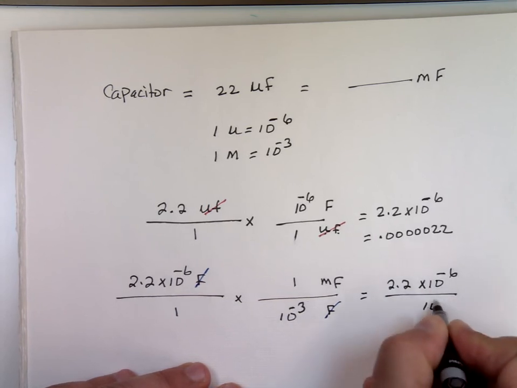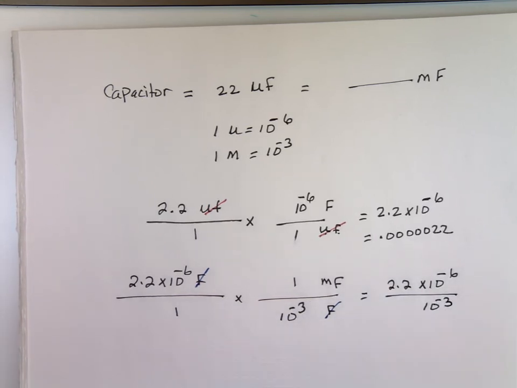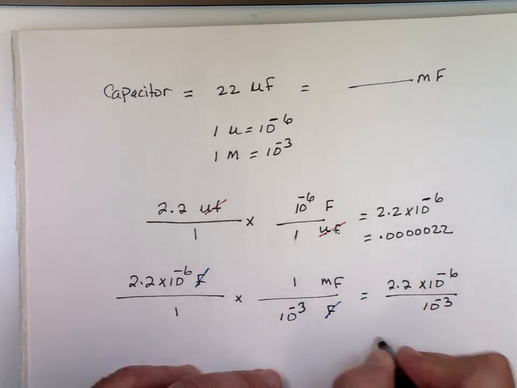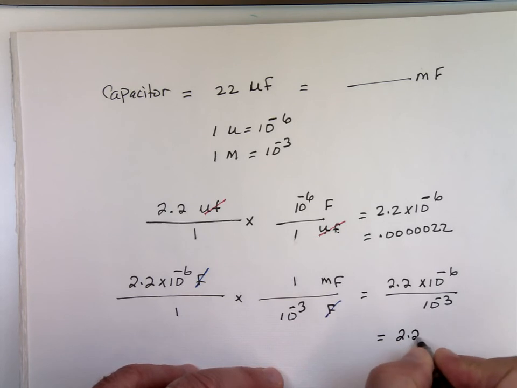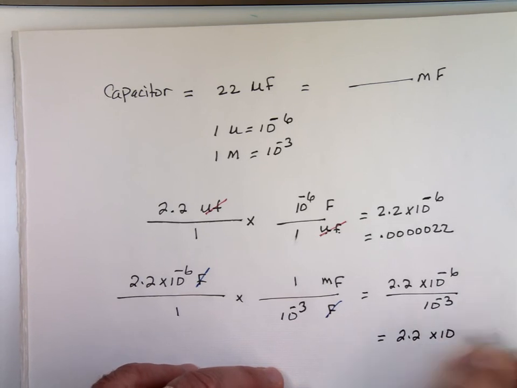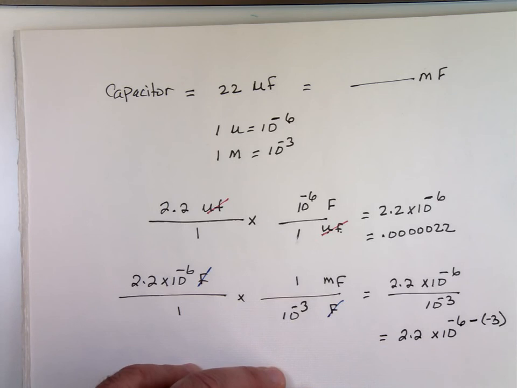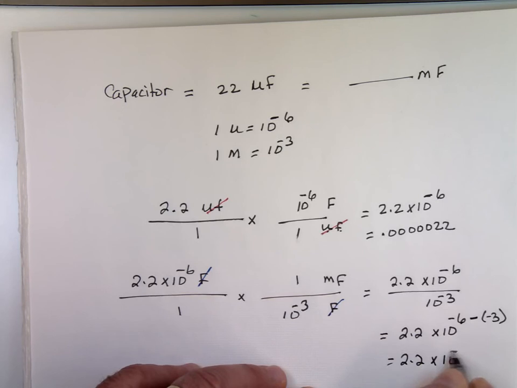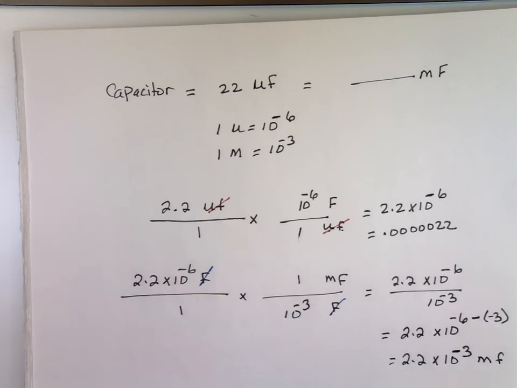Now, if you remember from math, when you divide, what do you do with the exponents? Don't we subtract them? So 2.2 times 10 to the power of negative 6 minus a negative 3. Minus a minus will make it positive. So that's the answer in millifarad. To switch it from micro to milli, that'll be your answer.